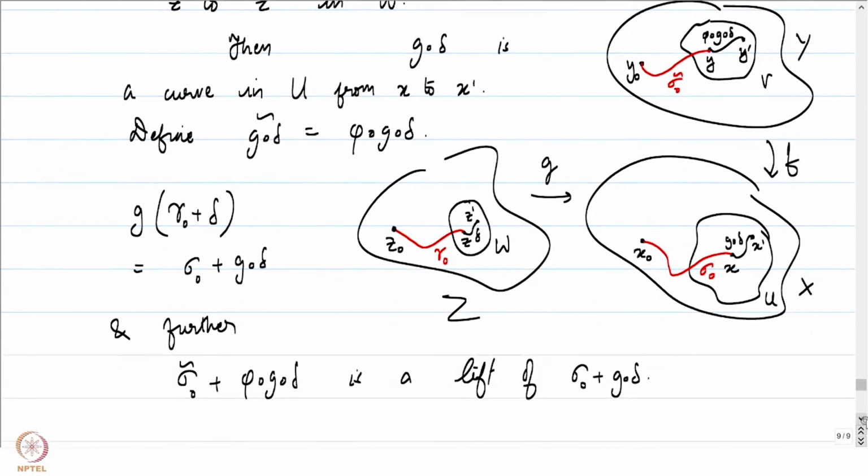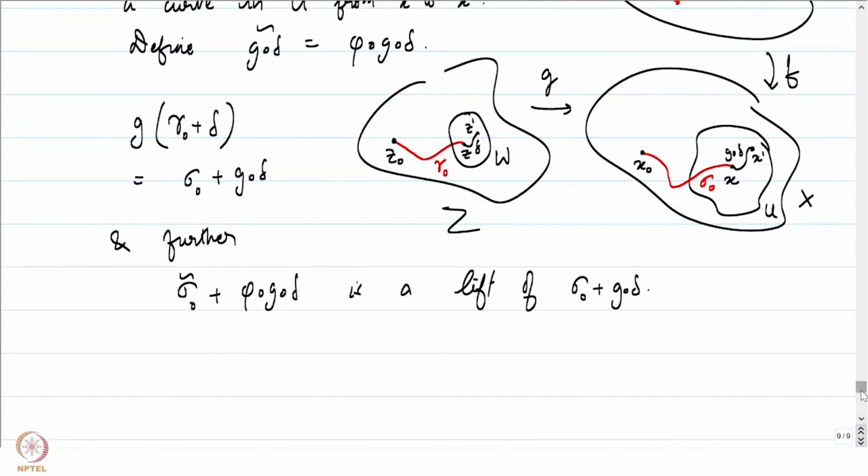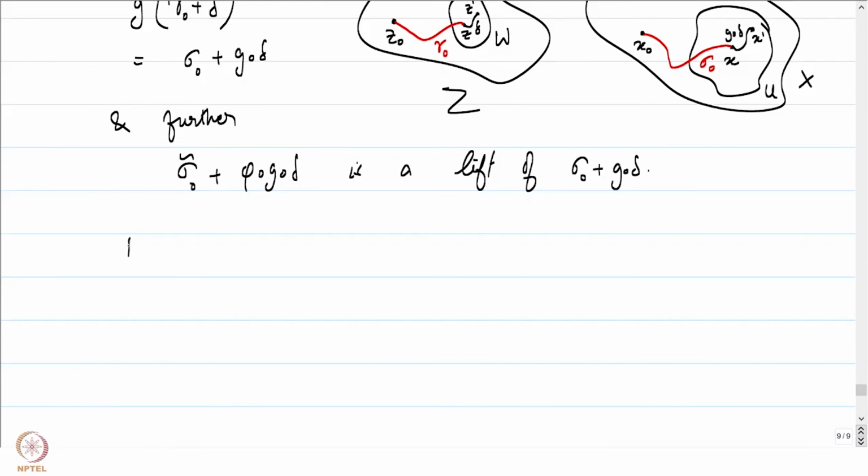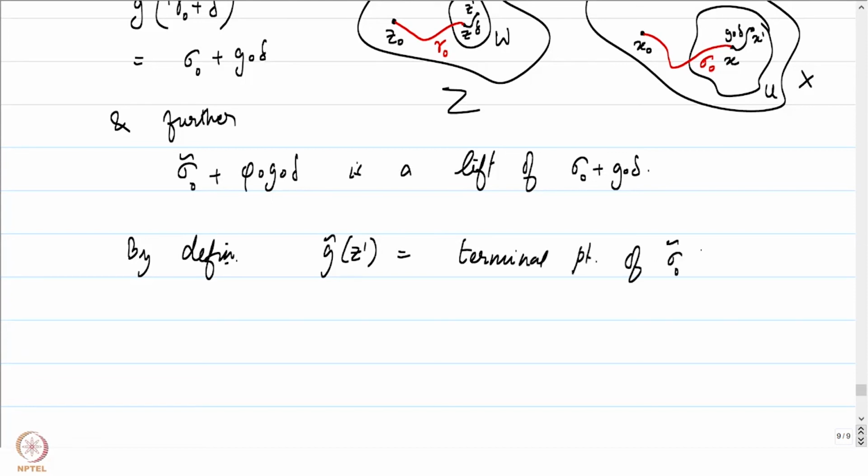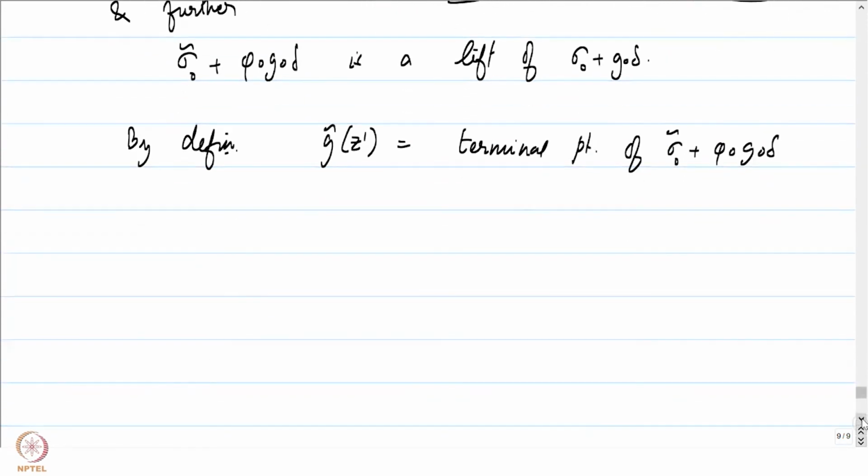So in particular, by definition of G tilde, G tilde of z prime is going to be equal to the terminal point of the concatenation of sigma 0 tilde plus phi composed with G composed with delta. So in particular, that's the terminal point of phi composed with G composed with delta, which belongs to capital V. And that's precisely what we were trying to show, isn't it?